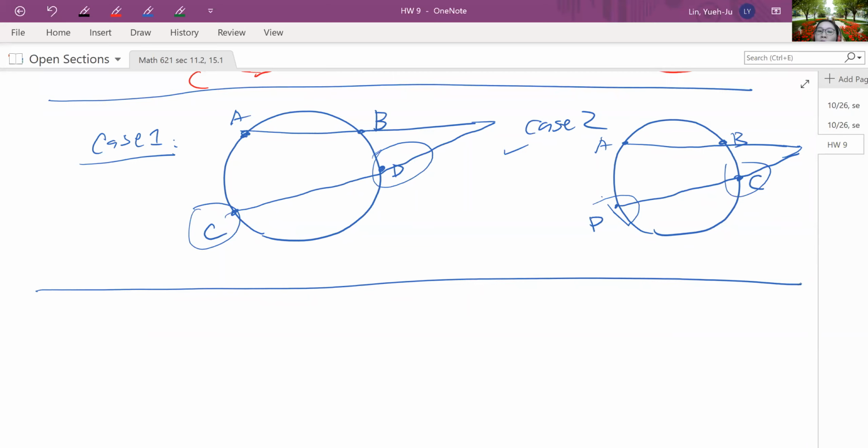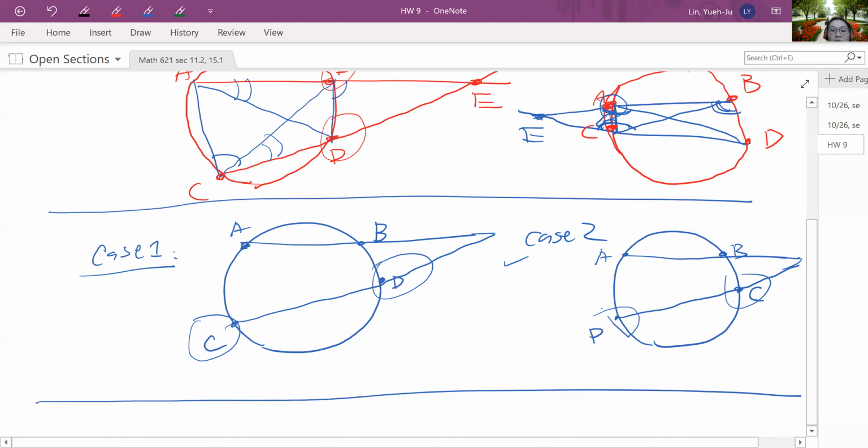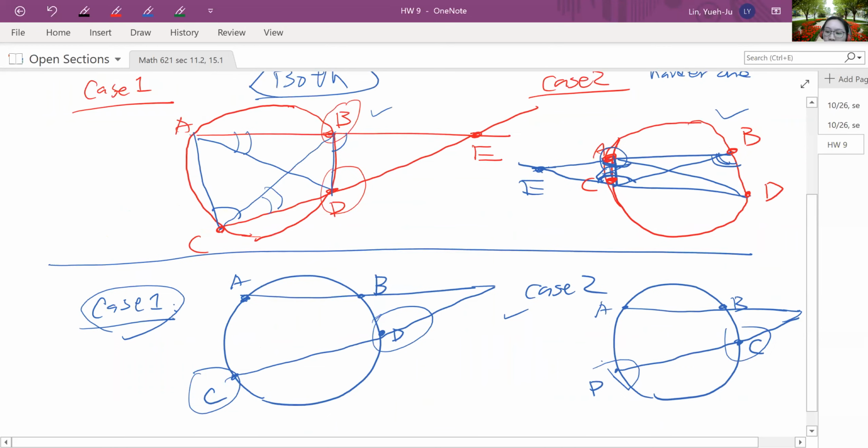So case two will be harder. I think it depends on which one. I don't remember which one is case one and case two. If you swap the points, one of the cases would be harder, and you can see that it's exactly the same thing, right? I forgot, if you swap the points, which one case one corresponds to. So I think if you swap in this one, case two will be similar to this one, the corresponding one.